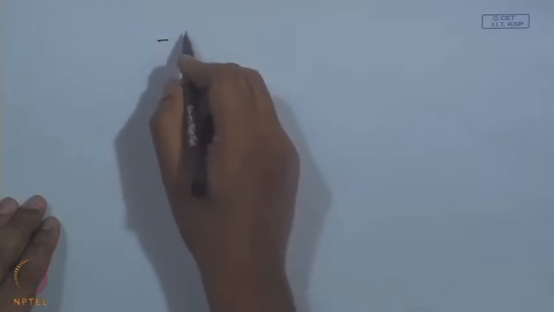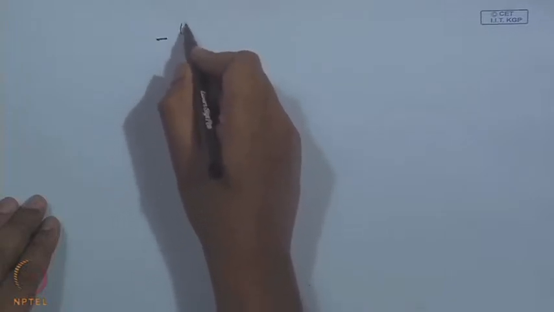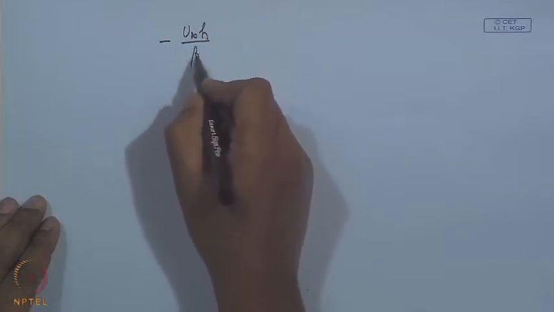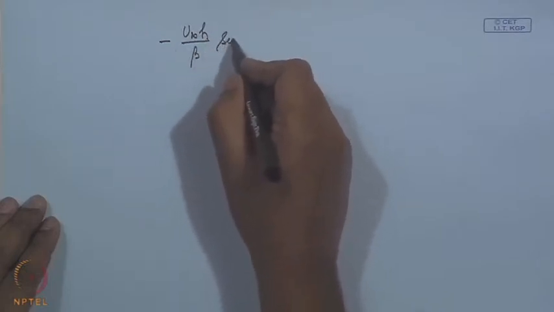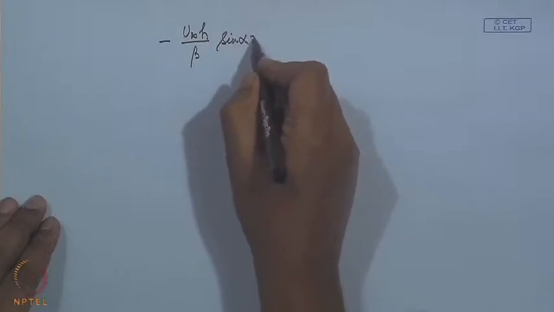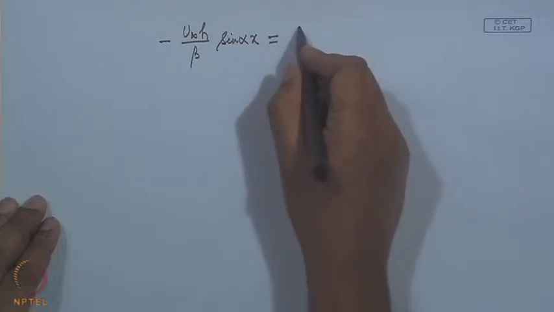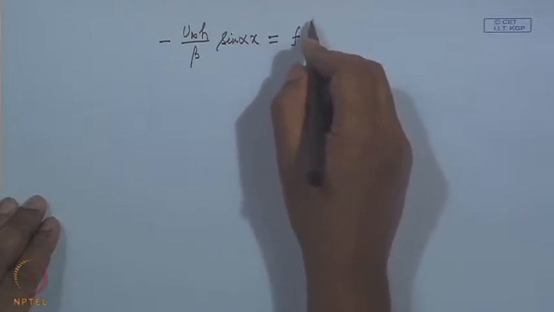Now, d phi dy at y equal to 0, which we have already seen, is minus U infinity h by beta sin alpha x.